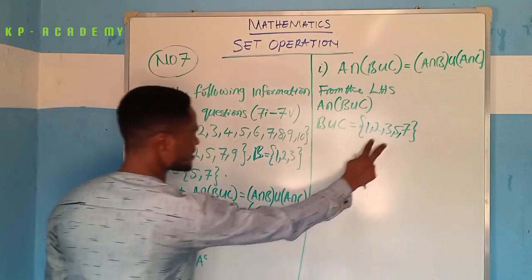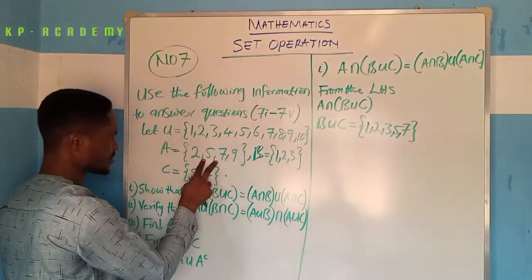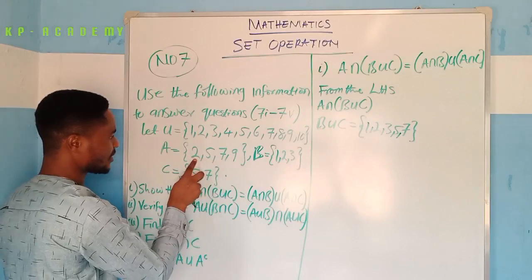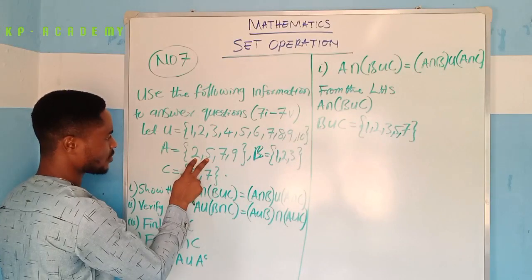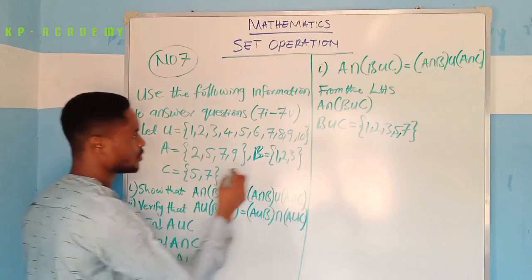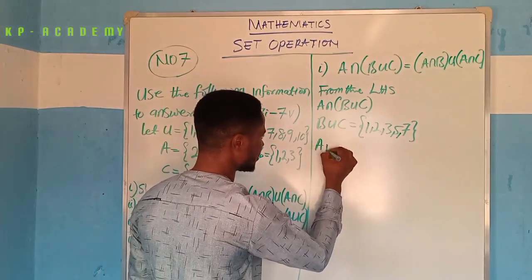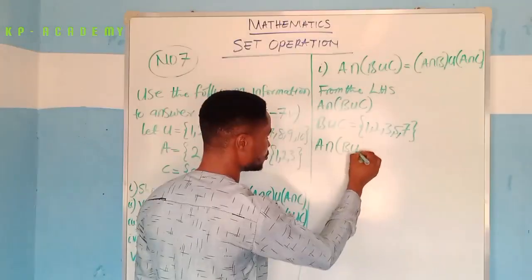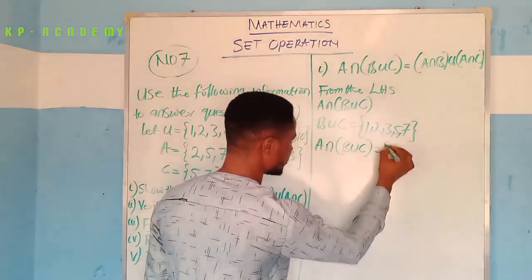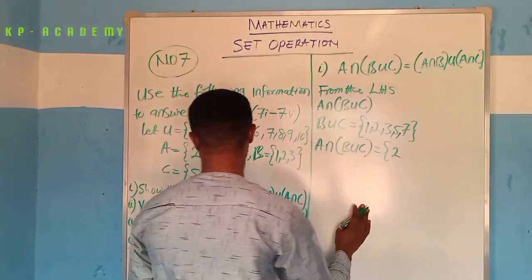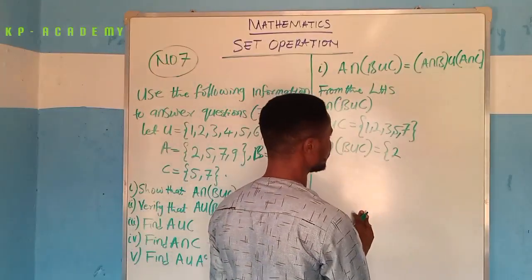What do both of them have in common? They have 2, 5, and 7 in common. Therefore, A intersection into B union C is 2, 5, 7.